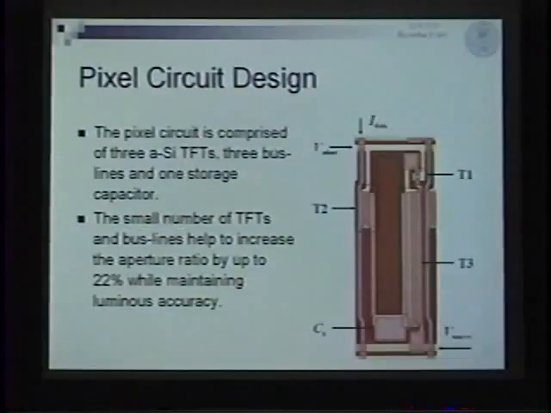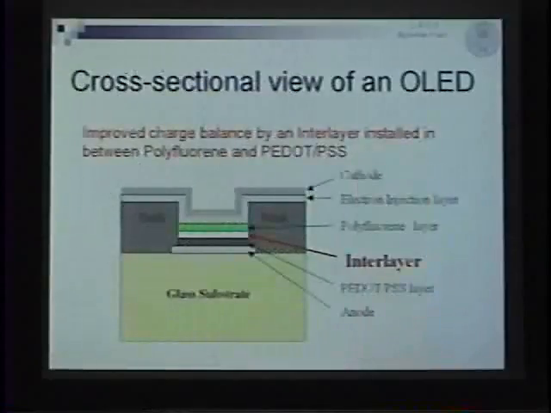A smaller number of TFTs and bus lines helps increase the aperture ratio by up to 22% while maintaining luminous accuracy. Next please. So this is a cross-sectional view of the OLED we employed. We are using inkjet printing technology.